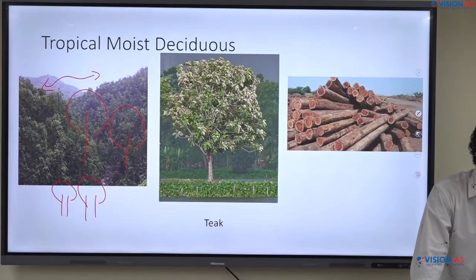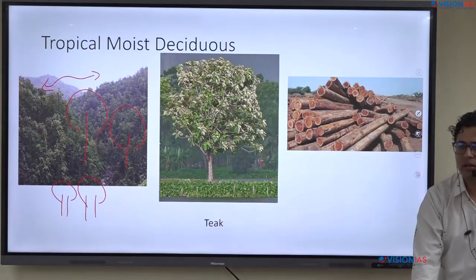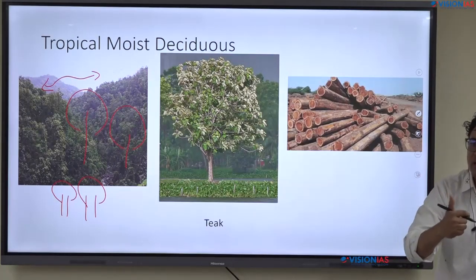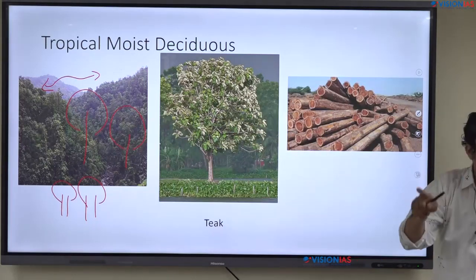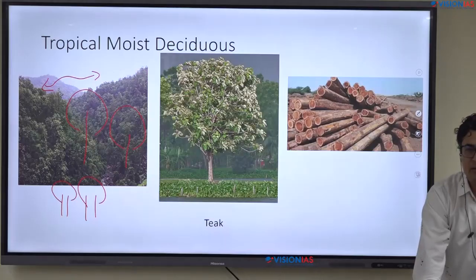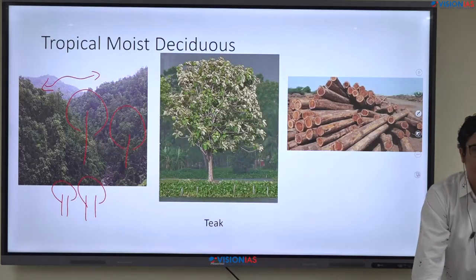So that means leaf shedding season is fixed. This is the time when leaf shedding appears. So if you go to this forest in March, April, May, the forest will appear dry. It will not appear green, it will appear dry. So what is written? The general appearance is bare in summers. It means it will appear dry in summer.